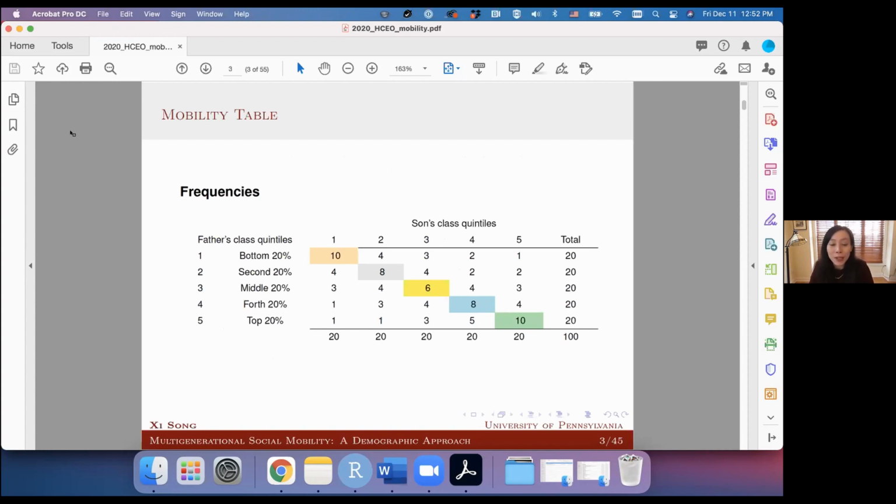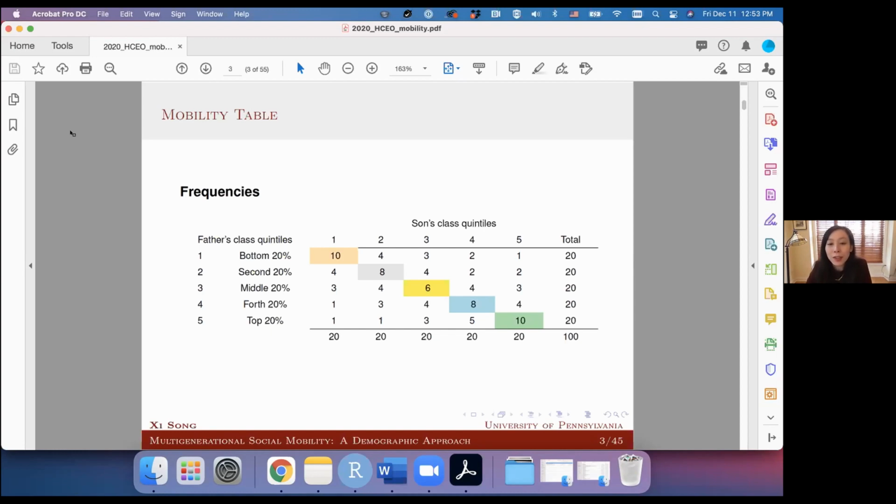So overall, we divide each generation into 5 equally sized income quintiles, and we focus on mostly those diagonals. The mobility table is another way of presenting just our transition matrix, as Stephen already described earlier.